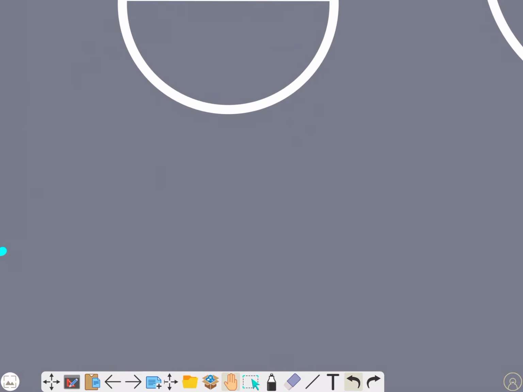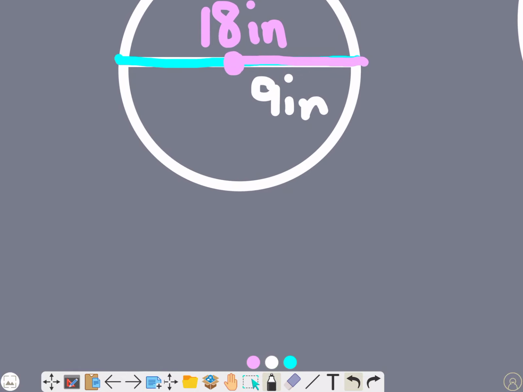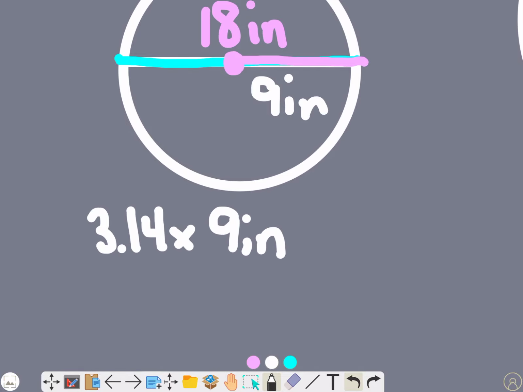Now the second problem, you have a diameter of 18 inches, but we need to find what our radius is. Well, if the diameter is the whole thing, what's half of that? Well, half of 18 is 9 inches, so now I found my radius. I now set up my problem, pi, 3.14, times my radius, 9 inches, squared.